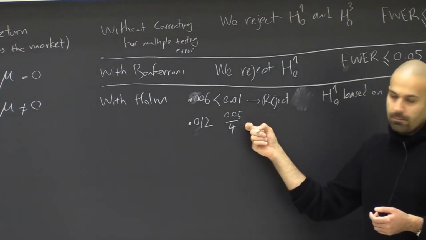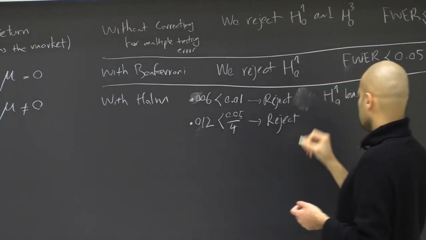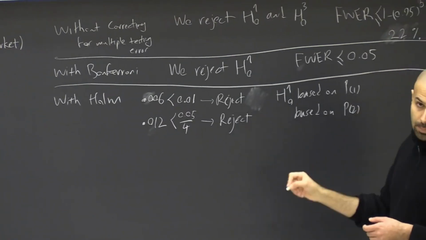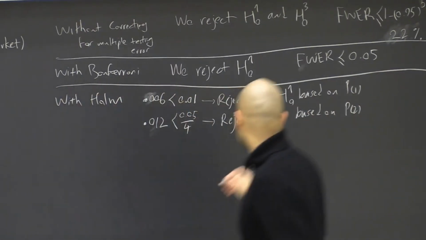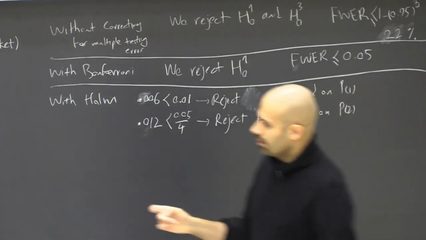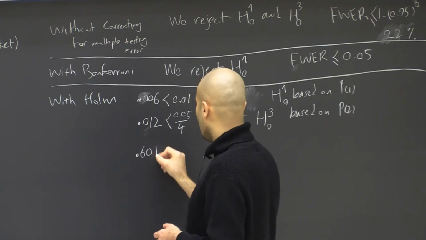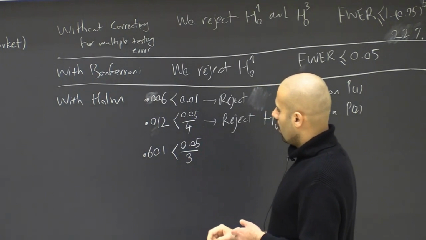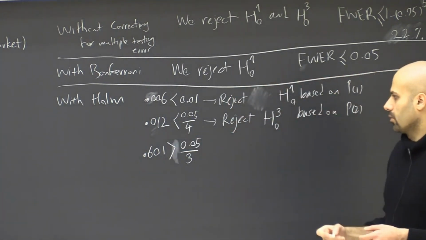So in this comparison, the p-value is smaller. Therefore, now we reject some null hypothesis which is based on P2. That null hypothesis is not H2, it's actually H3 because it is for fund manager 3. So it's H0 superscript 3. Then the next comparison is based on P3, which is 0.601. We need to compare it to 5% divided by 3. And in this comparison, the p-value is larger than the threshold.